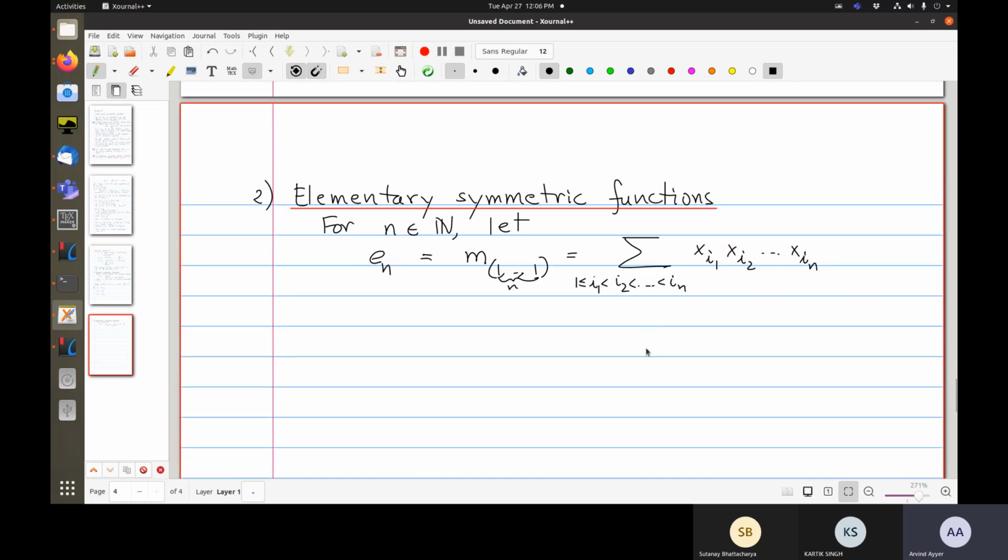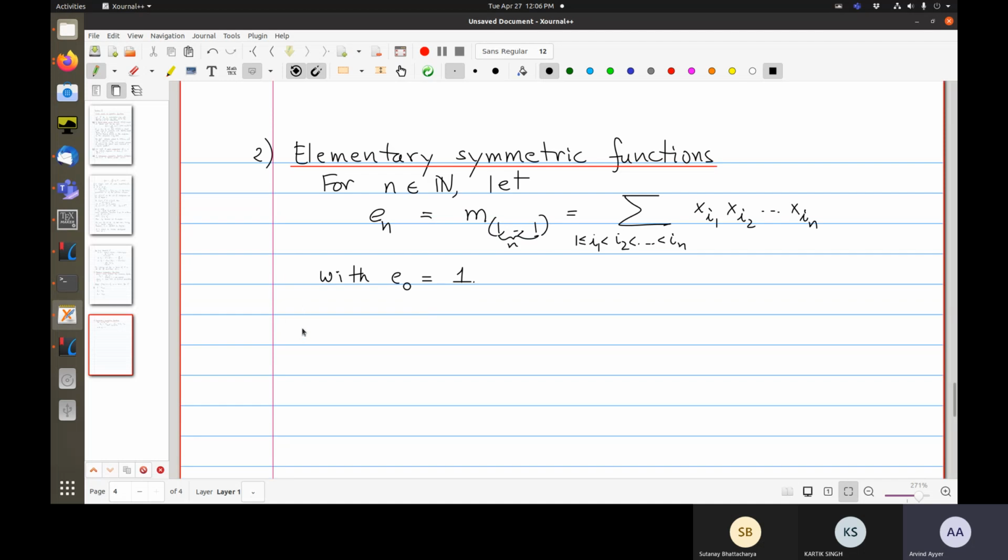That is what gives you the elementary symmetric functions, with E0 equal to 1. So this defines E sub a single non-negative integer, and for lambda equals lambda 1, lambda 2, etc., lambda k, define E lambda.